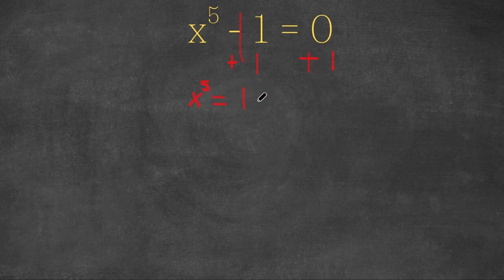So now that we have this, we want to get rid of this exponent here. We just want to get x by itself because that's our goal, finding the value of x, right? So to get rid of this exponent, we have to do the opposite of it, which is finding the root of it. So because its exponent is 5, we're going to put this term to the root of 5.